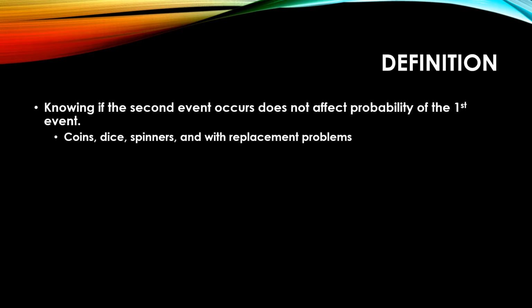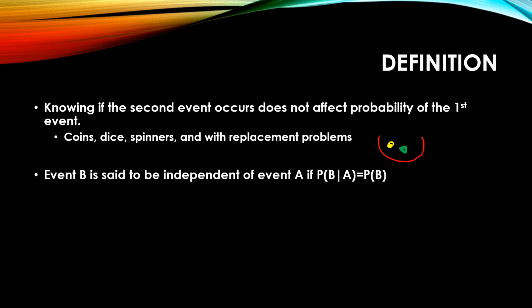Some examples of this are flipping a coin, rolling a dice, spinners, or problems with replacement. So if you have a bowl with yellow marbles and green marbles, and they're replaced, that's with replacement. And so you're drawing from the same pool.